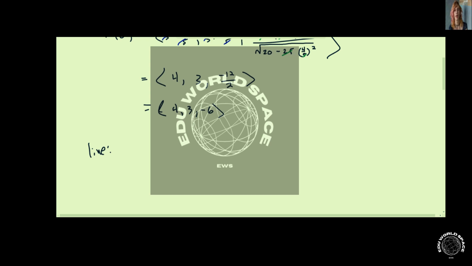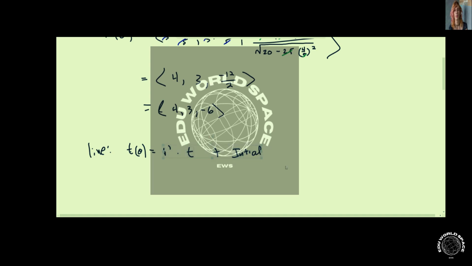I'll call this little t of theta, and this is going to be our derivative, r prime, times t, plus whatever our initial point was.